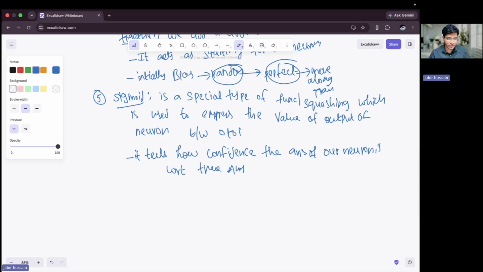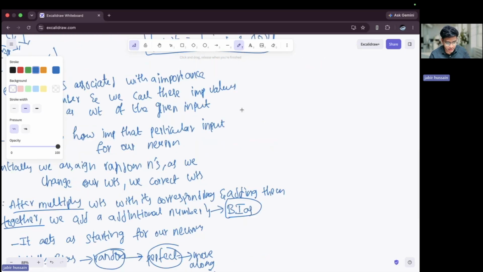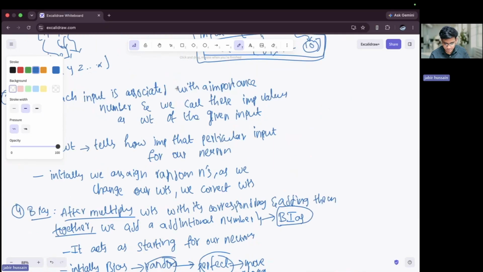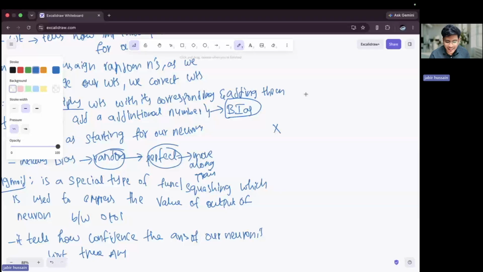Okay, so if you see what a neuron is doing, it is first of all taking all inputs. Let's say the input is X. It is multiplying those inputs with weights, and after multiplying, I'm adding an additional number called bias.